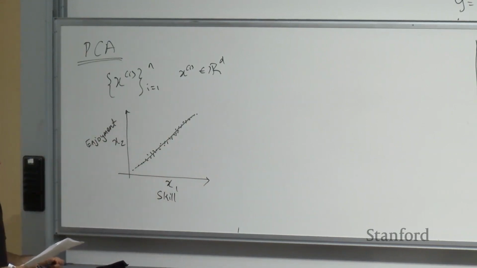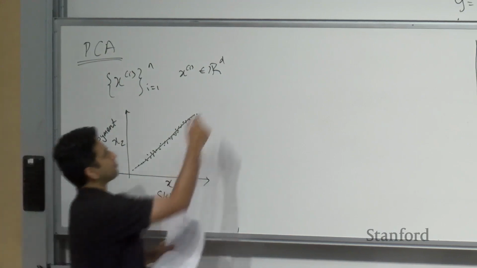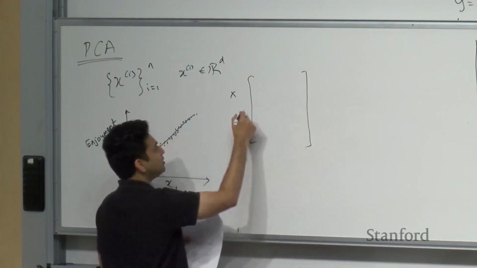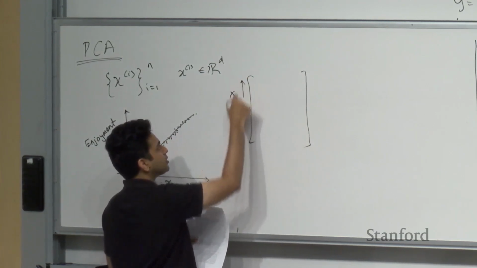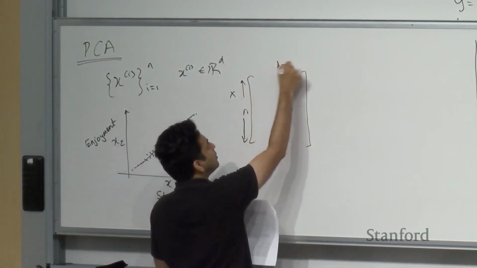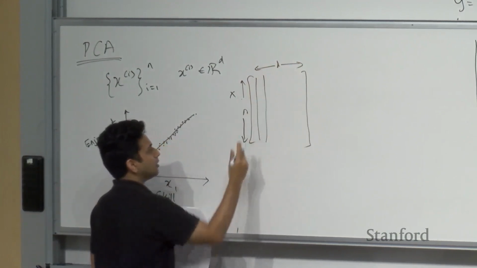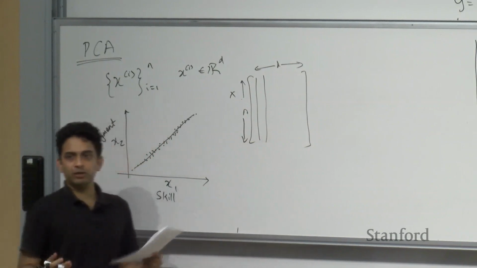And now your data may therefore have, in general, n examples and d features, and some of your features may be correlated.